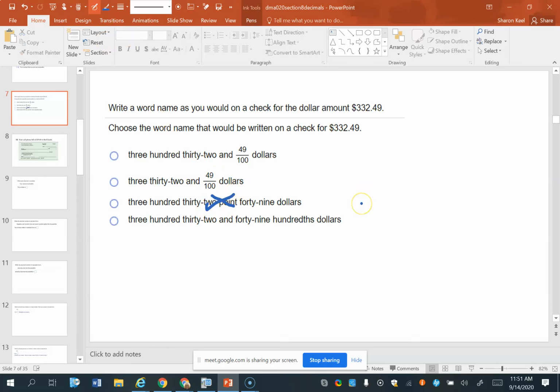It has point, so we can't use that one. And when we do money on a check, we would write 49 as a fraction, 49 over 100. Actually, one of these top two, we can go ahead and eliminate too. When we read this, is it 332 or 300 32? 332 and 49 over 100. So we can eliminate this one because they wrote 332. They didn't put the 300. This one did not write it in the form of a fraction.